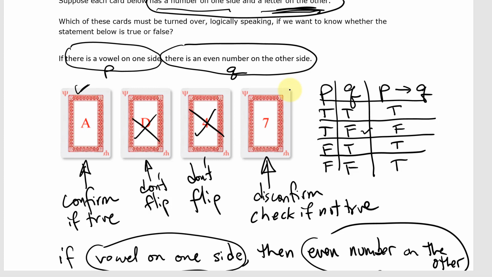And since it's false, I actually have to check to make sure that P is not true, that there actually is not a vowel on the other side. So you'd actually have to flip this one to check if the statement was not true. I mean, this is exactly the case where we have to check to see if it's false. If there was a vowel on the other side, it would be false.